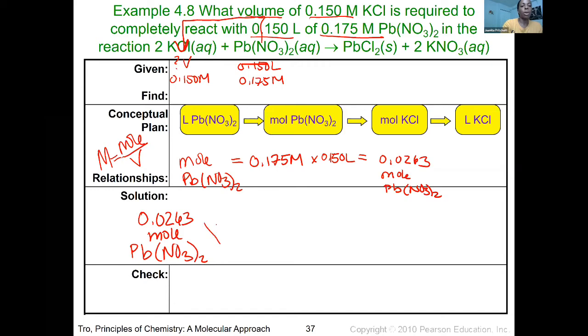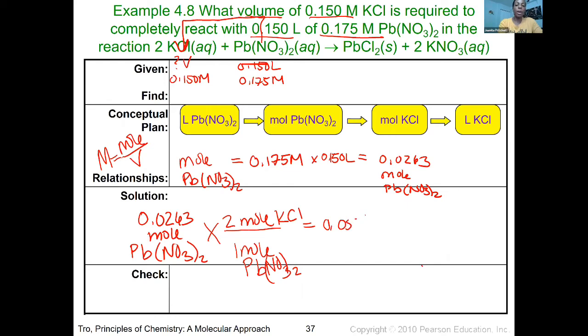And now we're going to use our mole to mole ratio, which is 1 mole of PbNO3, 2 compared to 2 moles of KCl. When you plug in 0.0263 times 2 moles of KCl divided by 1, what you end up getting is 0.0525 moles for the KCl.